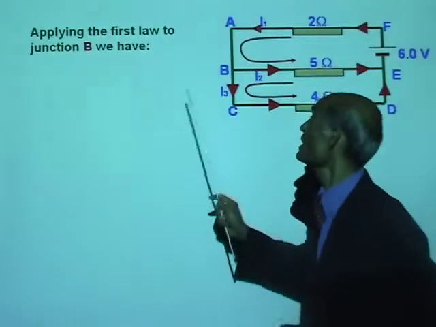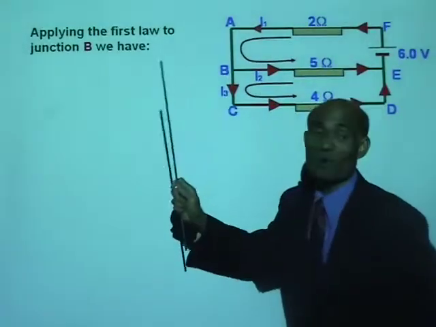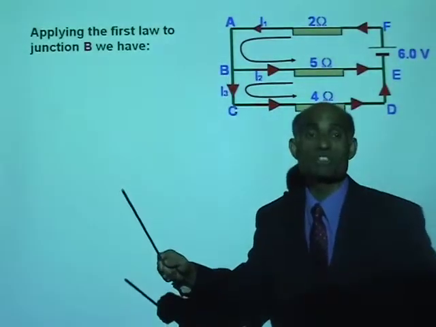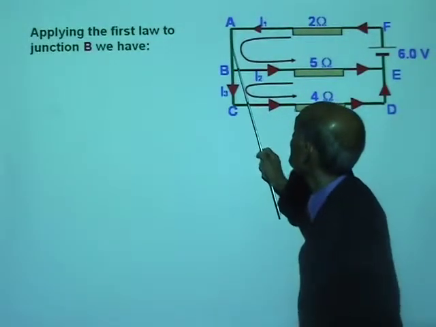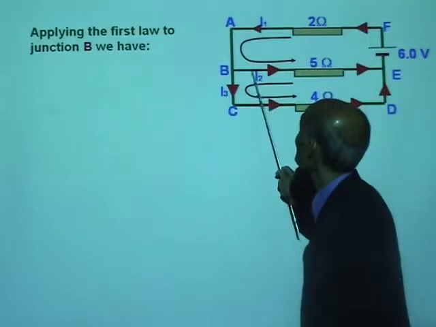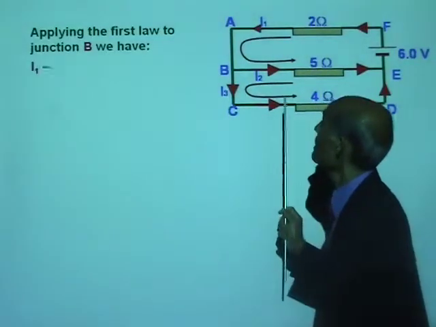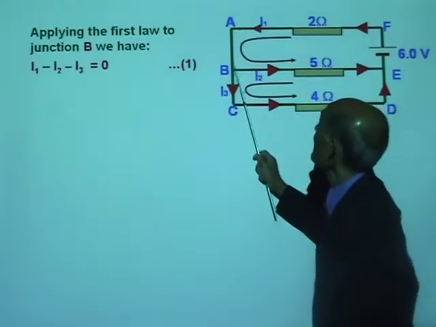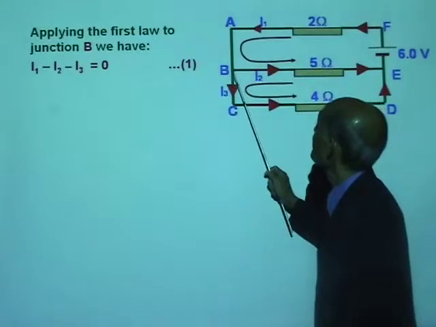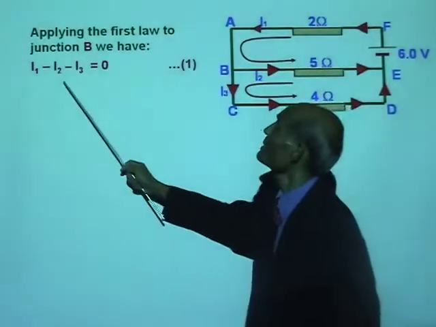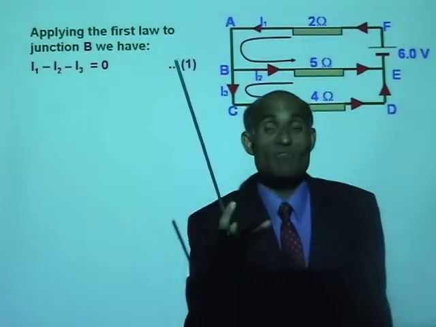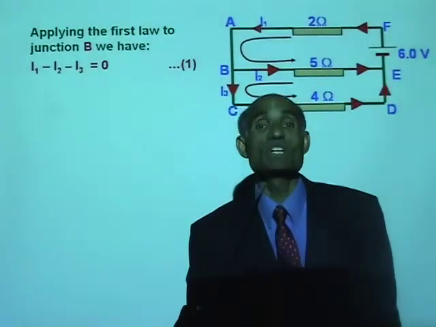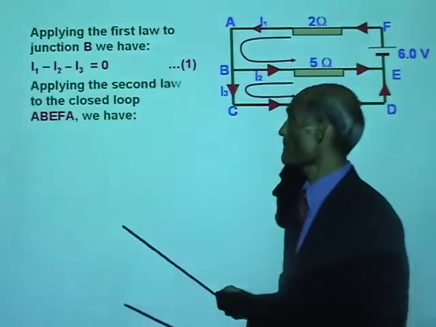The algebraic sum of currents meeting at a junction is 0. The current reaching the junction is positive, the currents leaving are negative. We have I1 minus I2 minus I3 equals 0. We got one equation and 3 variables, which means we need 2 more equations.